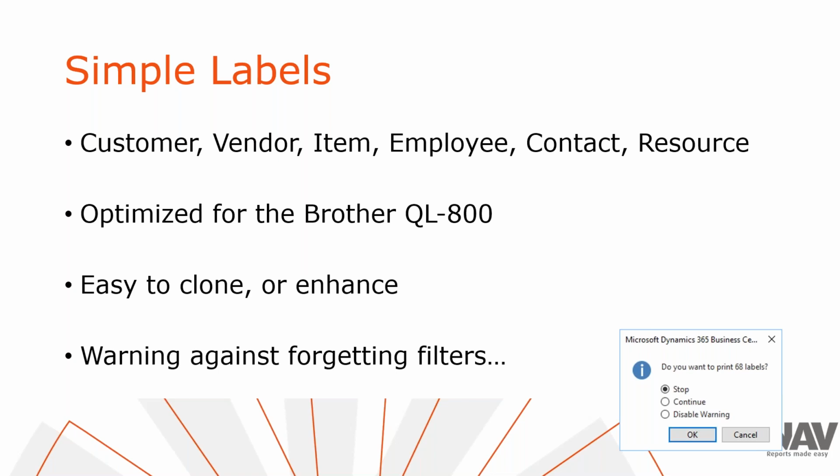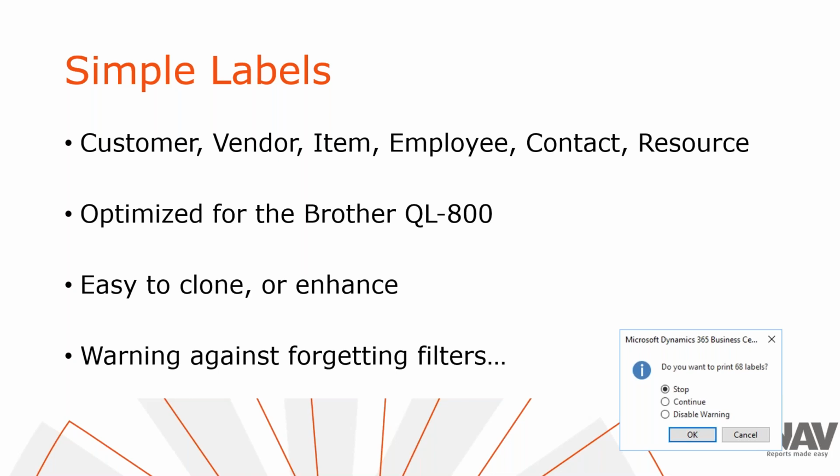So if you just buy that printer from Amazon and you connect it to your Business Central, you can use those from ForNAV out of the box. The width of the label is 62 millimeters, and we set it up to cut the label exactly at the right place.